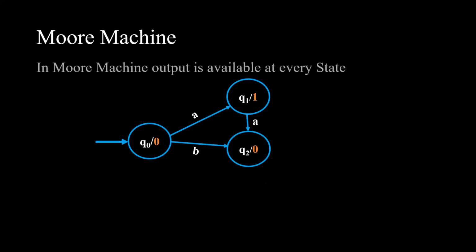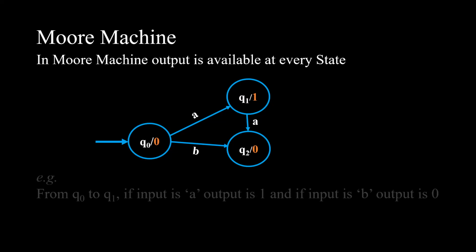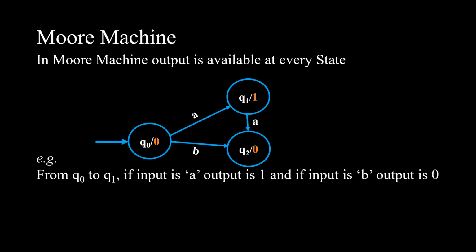In a Moore machine, the output is available at every state. Just see this particular example. In this case, if we move from Q0 to Q1 and input is A, the output is depicted here. That is, when we reach Q1, the output is 1.